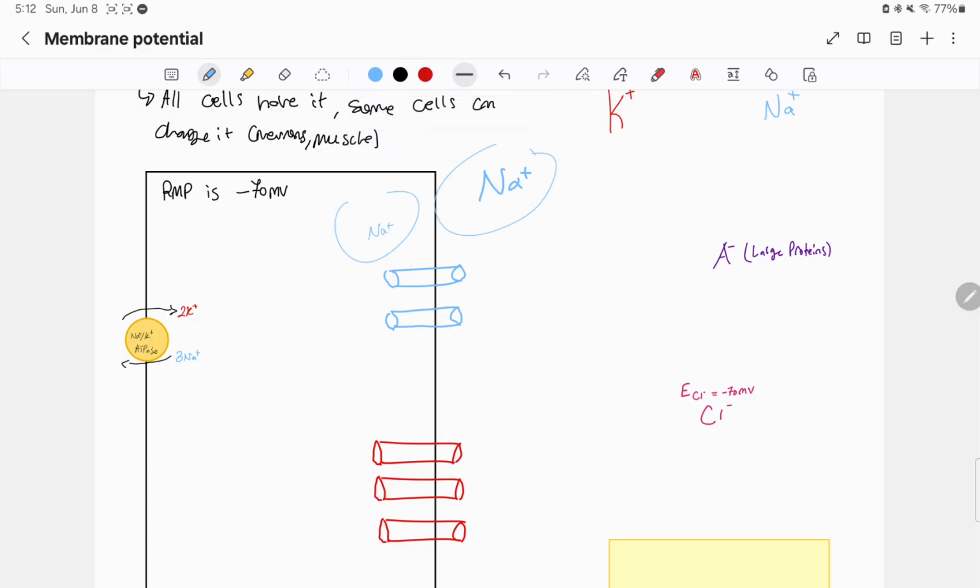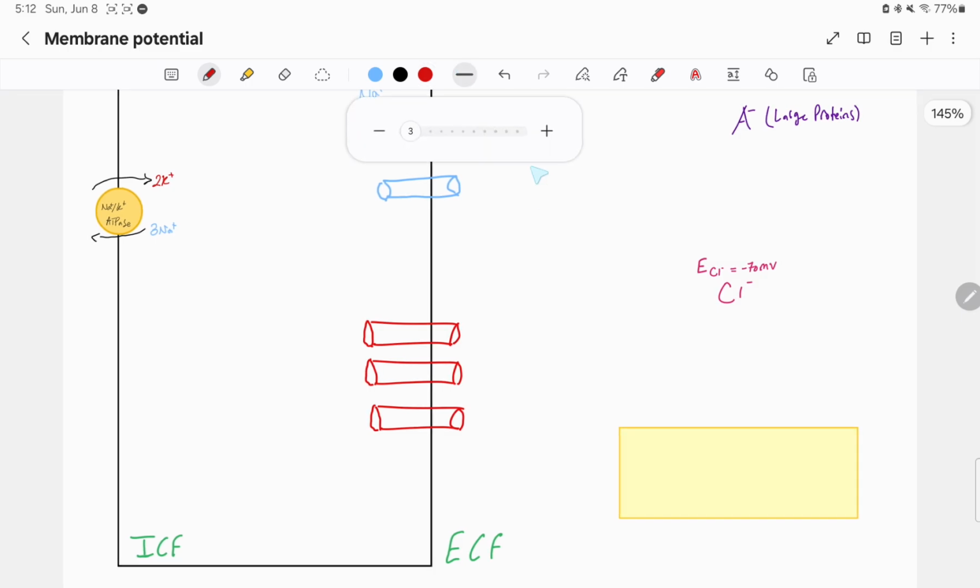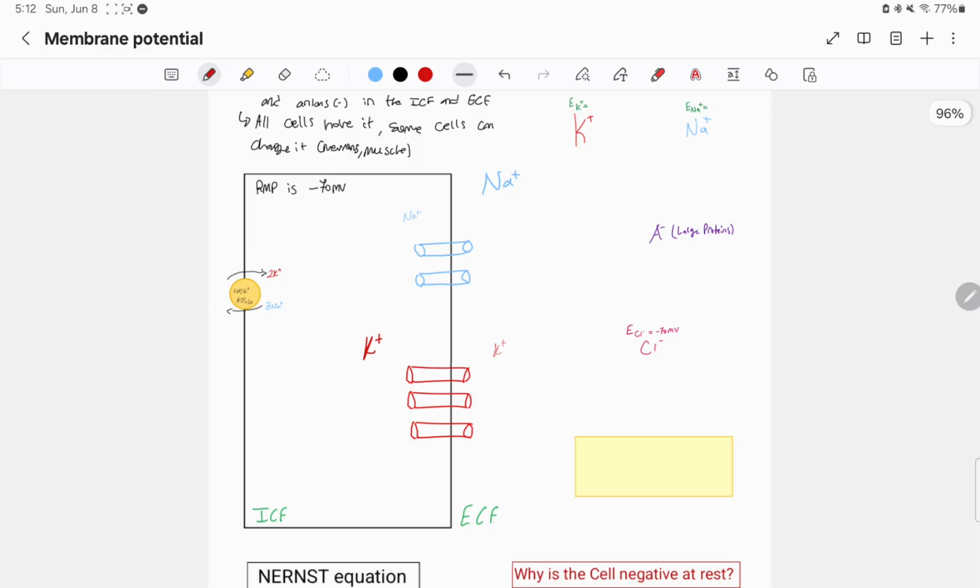What about potassium? I took potassium from the outside and pushed it inside, which must mean that potassium is really large inside, and a very, very small concentration outside. I think that should make sense to everybody.